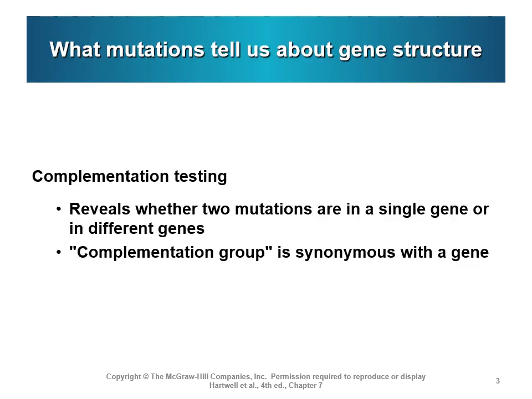So what can mutations tell us about gene structure? The complementation testing. So let's say we have an organism that has a mutation on a recessive gene. So if we are dealing with a homozygote, then we will see the mutation for sure.